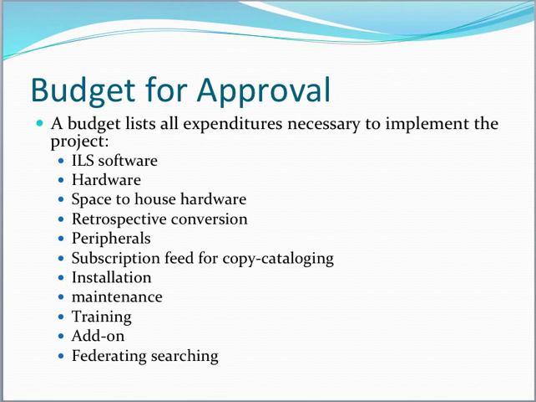Budget for approval. A budget lists all expenditures necessary to implement the project. These are of course some of the things that are necessary to implement the integrated library system.